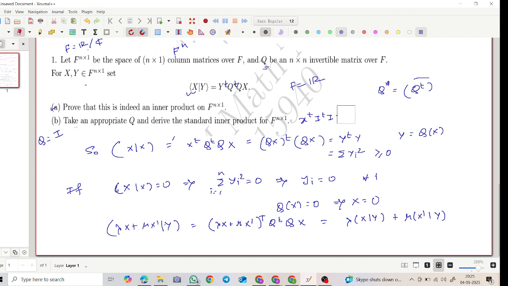Or maybe you can just take y, so you will be getting the summation of xi yi, where x is this and y is this. So that's enough. You can take Q equals identity. Okay, so that is problem 1 gone.